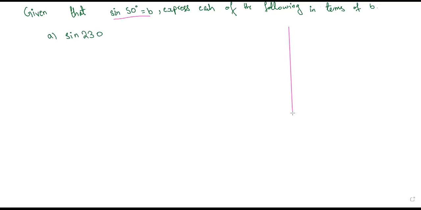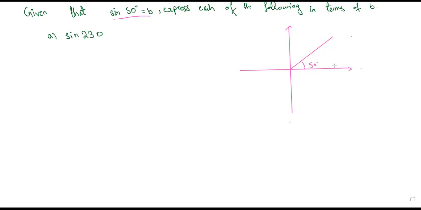This is the y-axis. This is the x-axis. Sine 50 means it would be somewhere here, because 50 degrees is this angle.